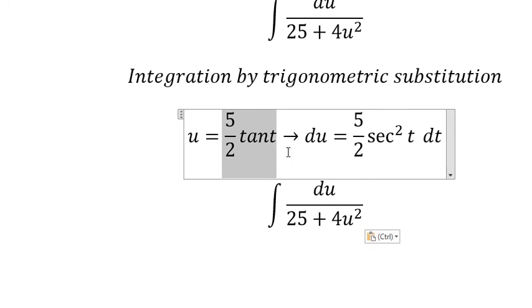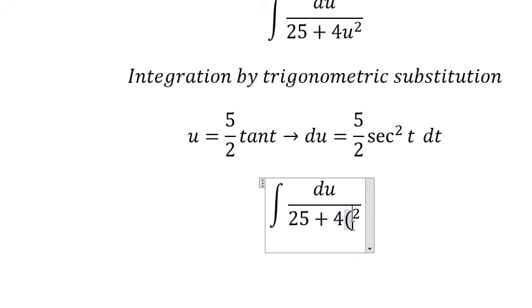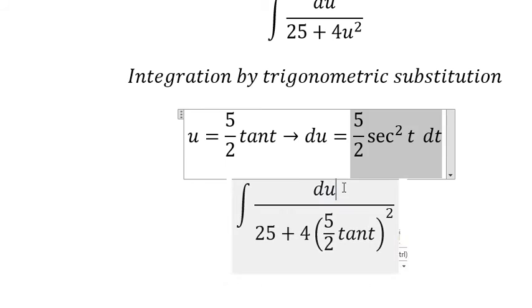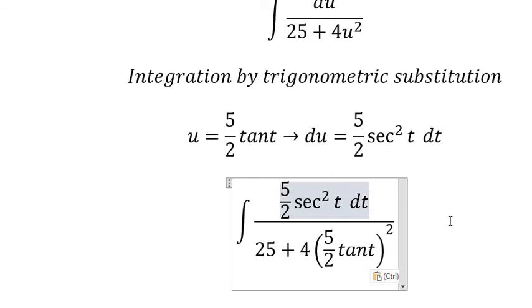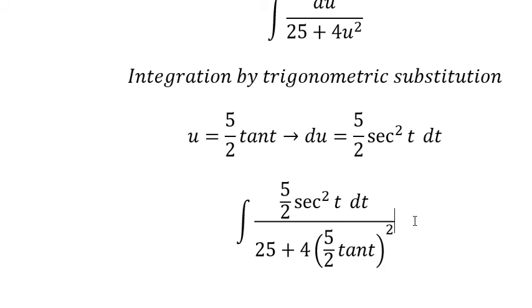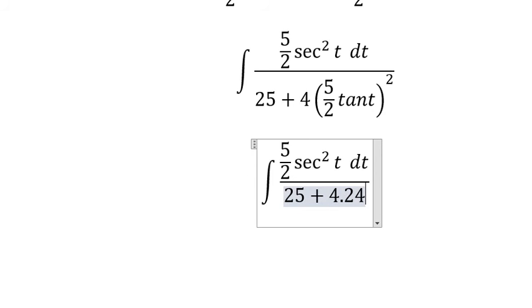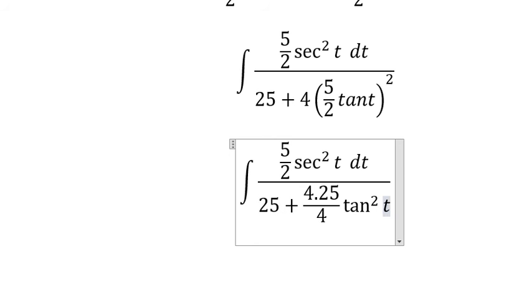So we put this one in here. Du we change for this one. So we got 25 over 4 tan t squared.